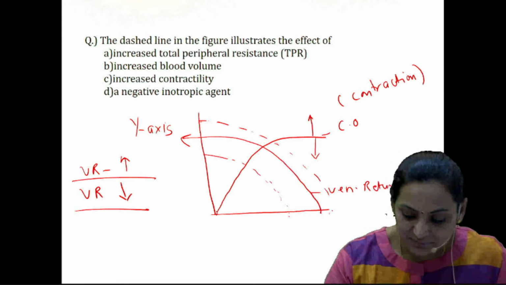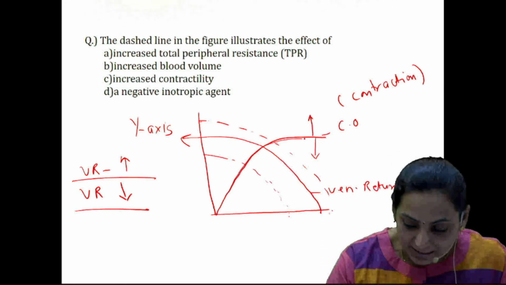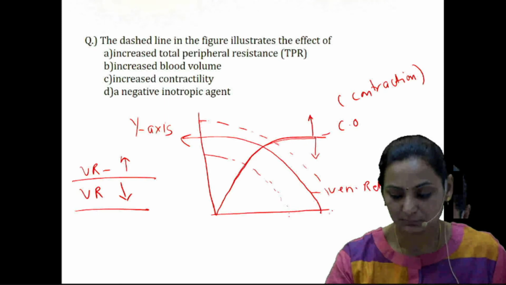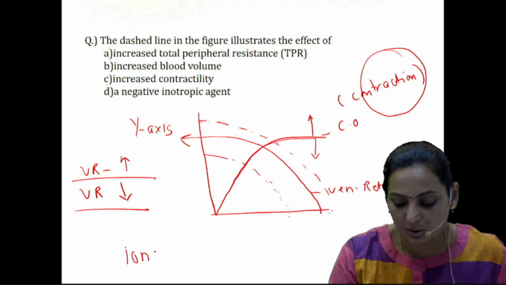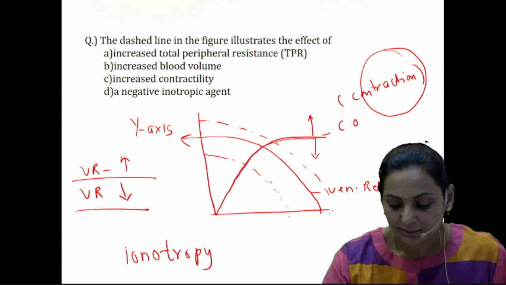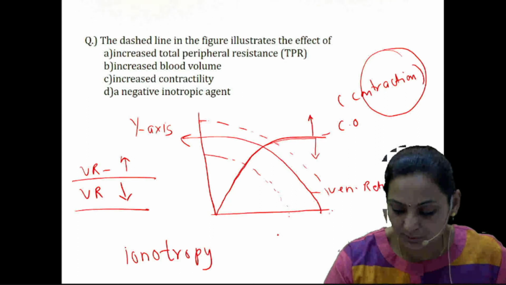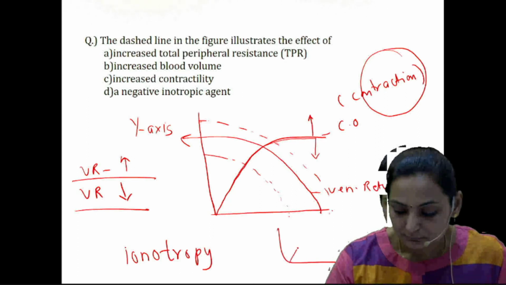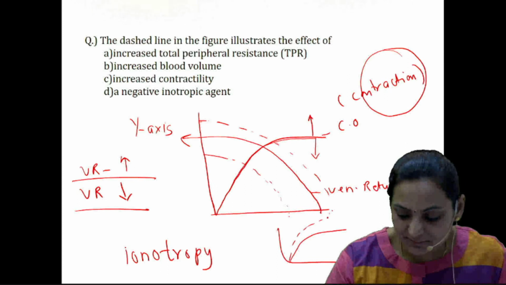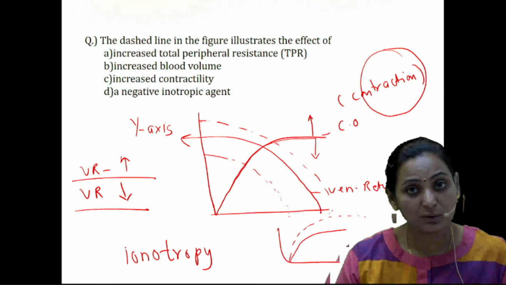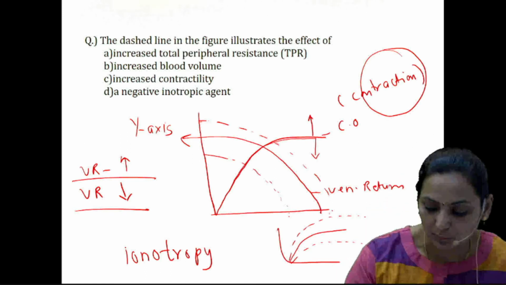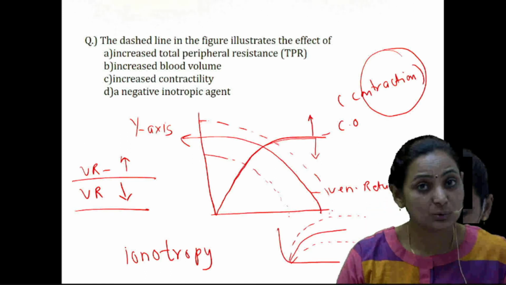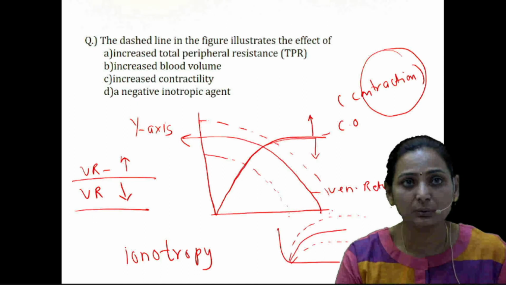And the graph which starts from the x-axis is the graph of force of contraction of the heart, which we call inotropy. If this graph is shifted upward, force of contraction is increased. If shifted downwards, force of contraction is decreased. So be very specific. This is a very important question.